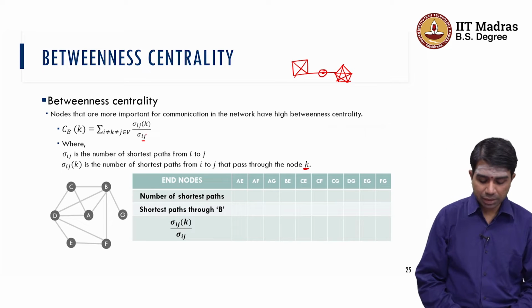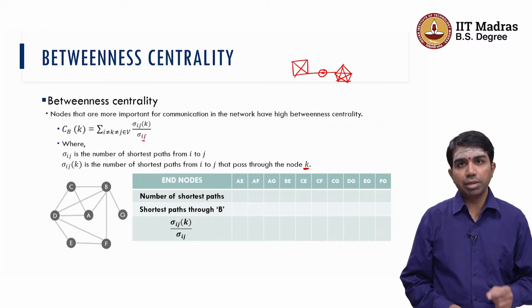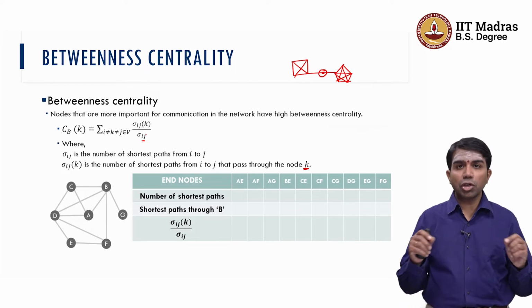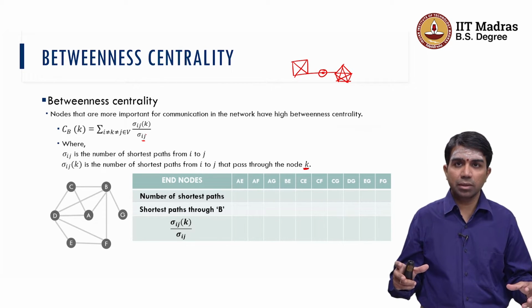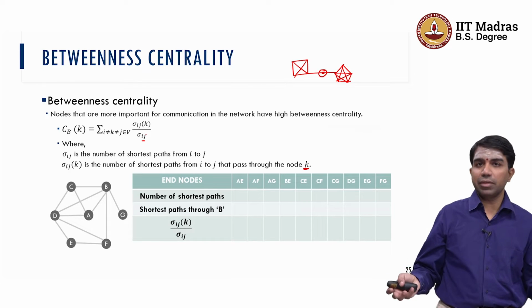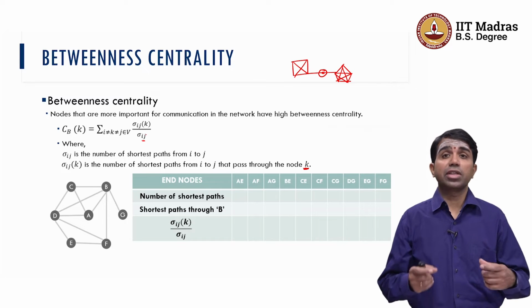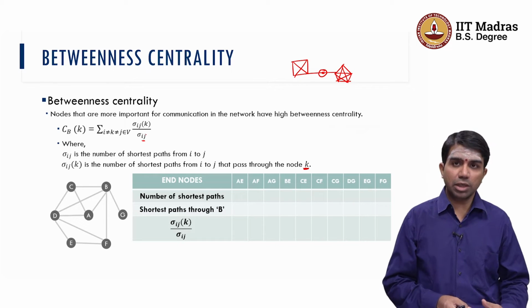Now, let us look at a simple example. Let us say we want to compute the betweenness of the node B. So, we need to look at all shortest paths in the network and whether or not they pass through B. If they do not pass through B, it is anyway going to contribute nothing towards B's betweenness centrality, but if they do pass through B, it is going to contribute something.